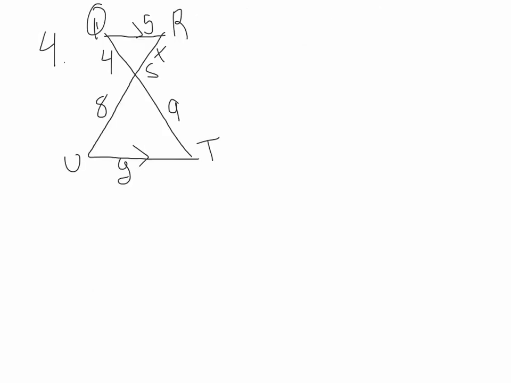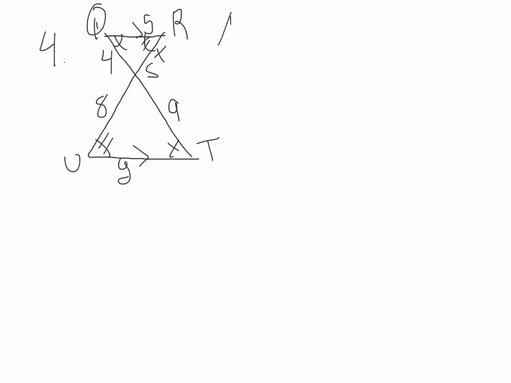Alright, for this example, I have a pair of parallel sides, so I know that my alternate interior angles are congruent: angle Q and angle T are congruent, angle R and angle U are congruent. I have vertical angles here too, but I have enough information using angles to say that my triangles are similar.